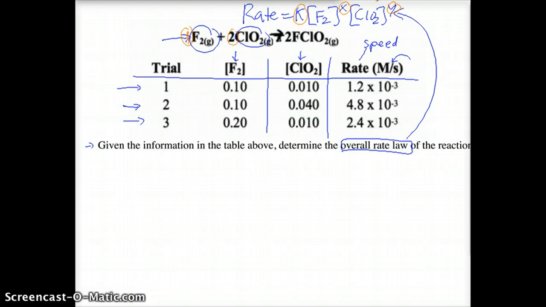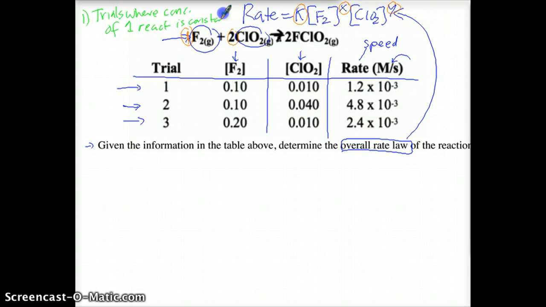So the first thing that we need to do is figure out how changing the concentration of one of the reactants affected the rate. So first thing to look for: trials where the concentration of one reactant did not change, is constant.